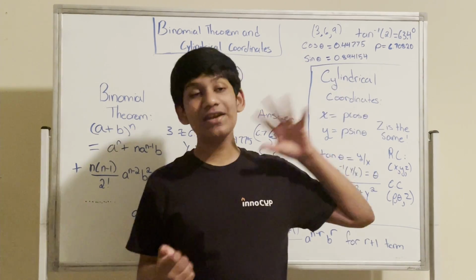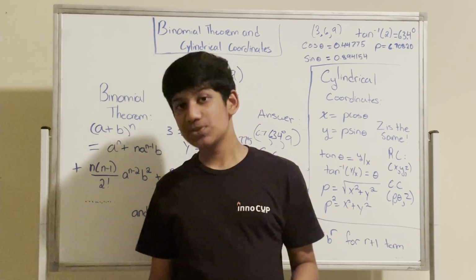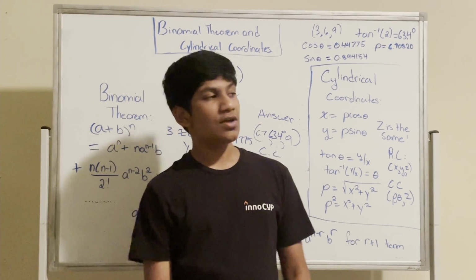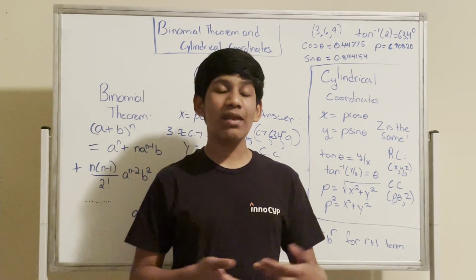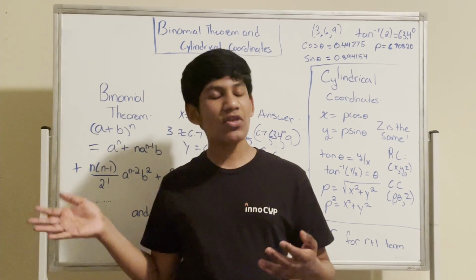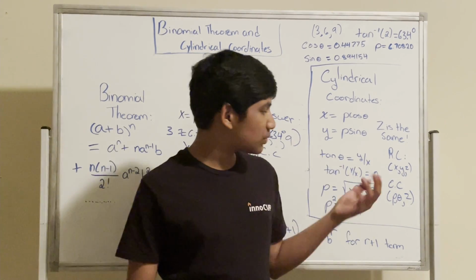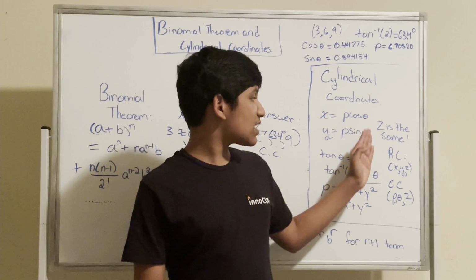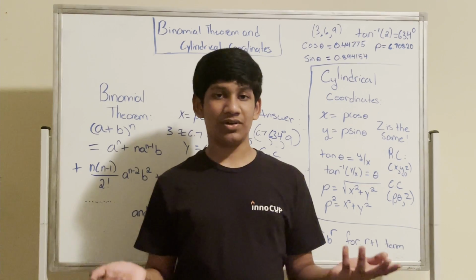Cylindrical coordinates might be in a different level of mathematics, but it revolves heavily on algebra and trigonometry. So using both of these algebraic and trigonometric techniques, we can get a better understanding of our world, even though they just use mostly the same algebra: multiplying, addition, subtraction, and so on. Other than the cosine of theta and sine of theta, these are things a basic algebra student can understand.